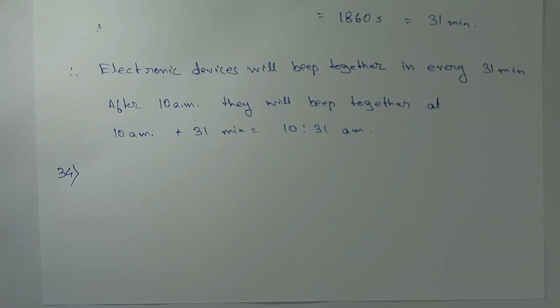In 30 hours, how many times do they toll together? Let's find out. First, what will we do? We will determine the LCM of the intervals.